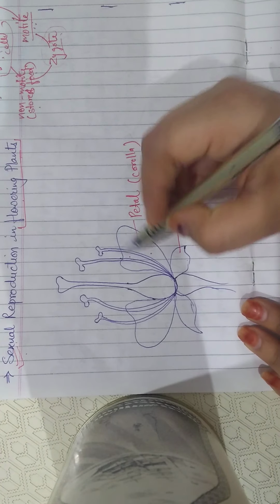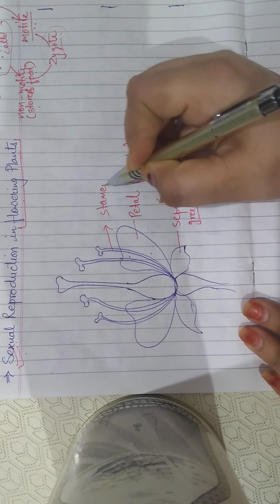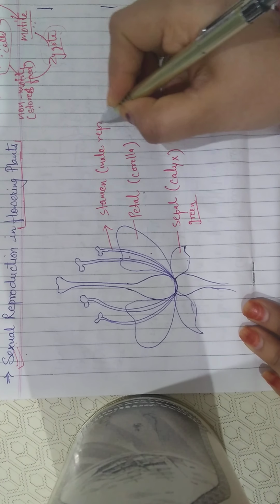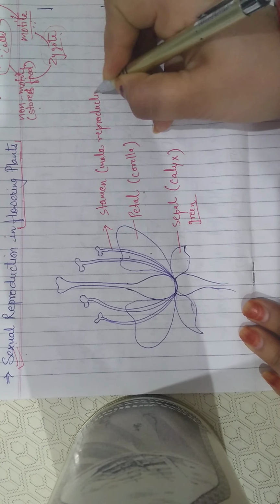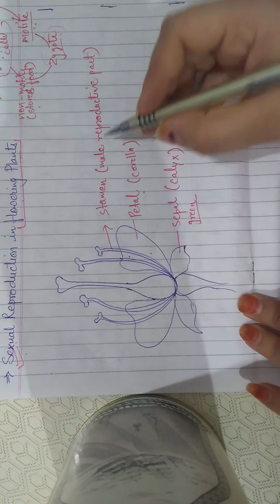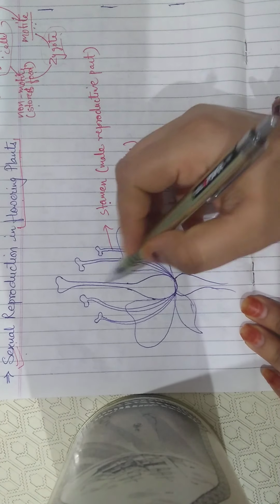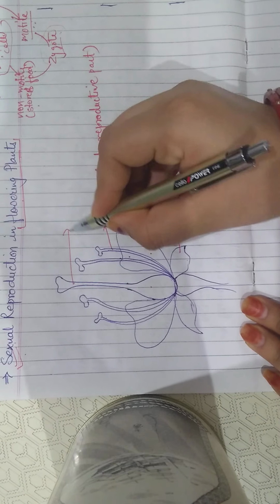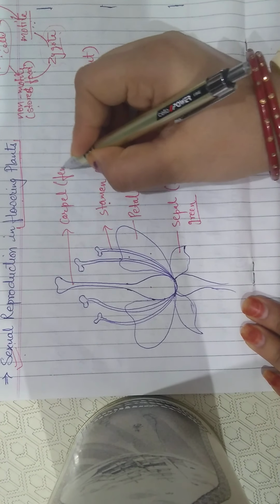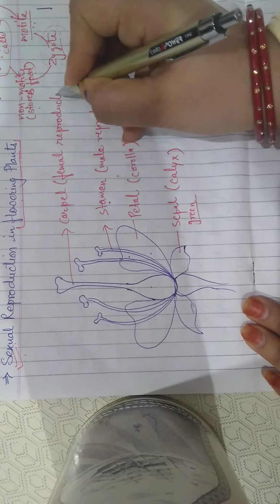Okay, then the next whorl is of stamen. Stamen is the male reproductive part of the plant, means it bears male germ cell, and the innermost part is the carpel, which is the female reproductive part of the flower.